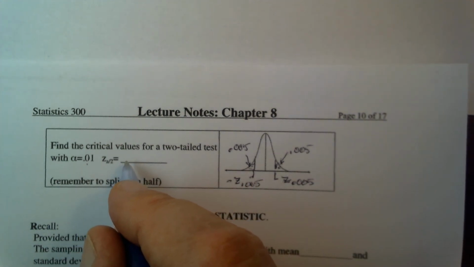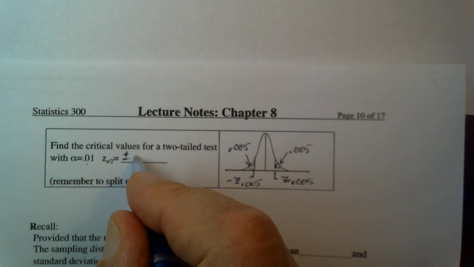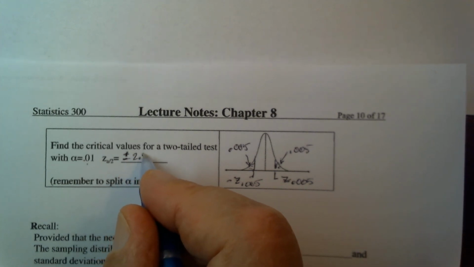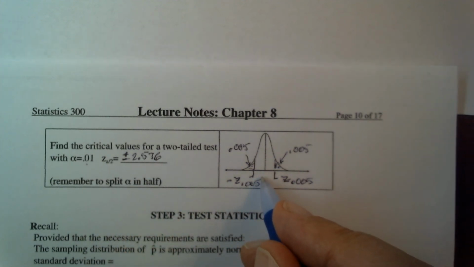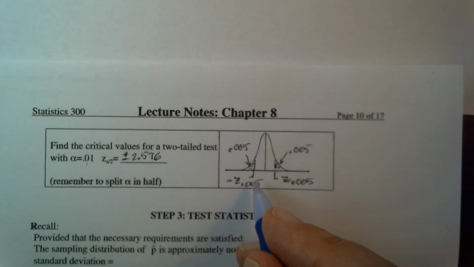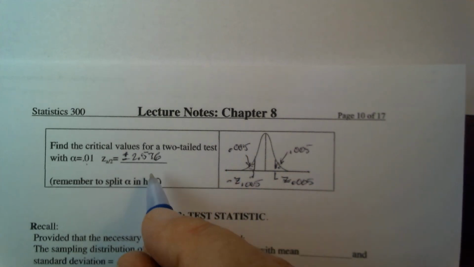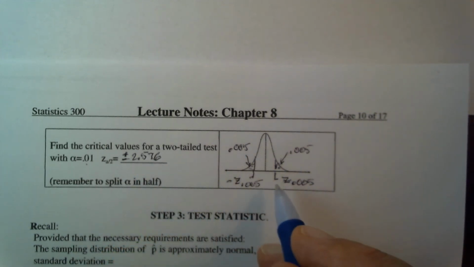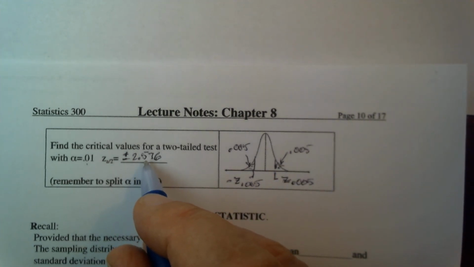When we look up the values, we find that it is equal to plus or minus 2.576. It is symmetric about the center, so we look up the z-score corresponding to the area of 0.005, and we find that it is equal to minus 2.576. Therefore, on the other side, it's going to be plus 2.576.